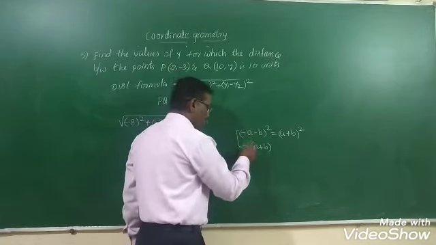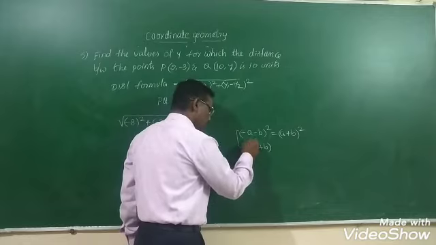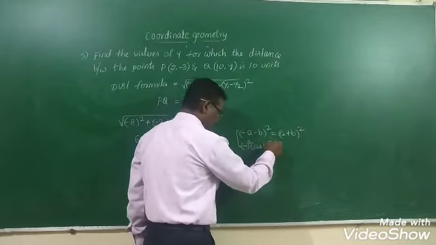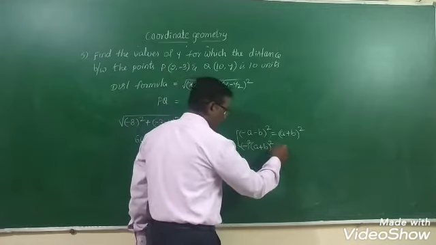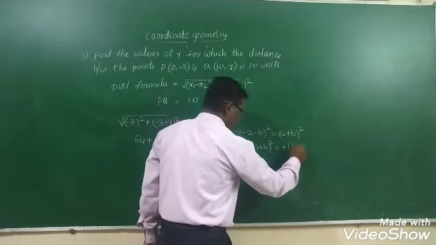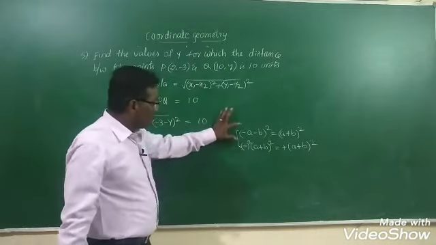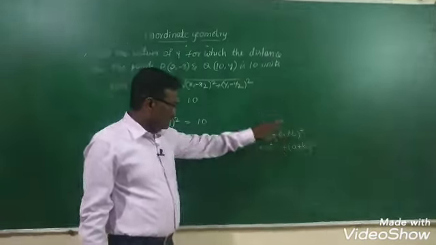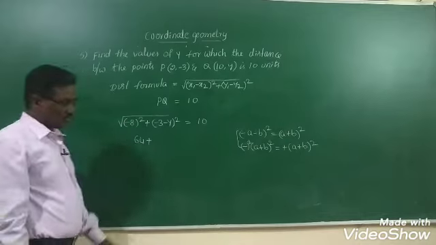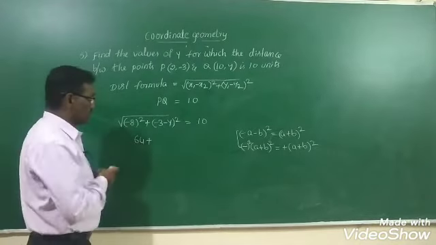Therefore, the square is there. Minus 1 whole square becomes plus, and (a plus b) whole square. So you have to remember, (minus a minus b) whole square is nothing but (a plus b) whole square.